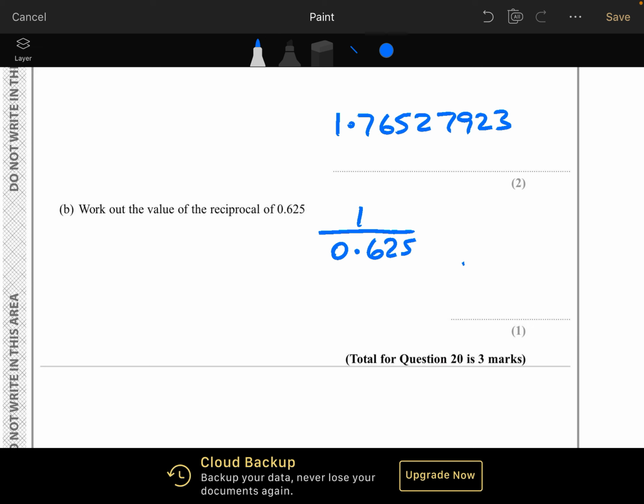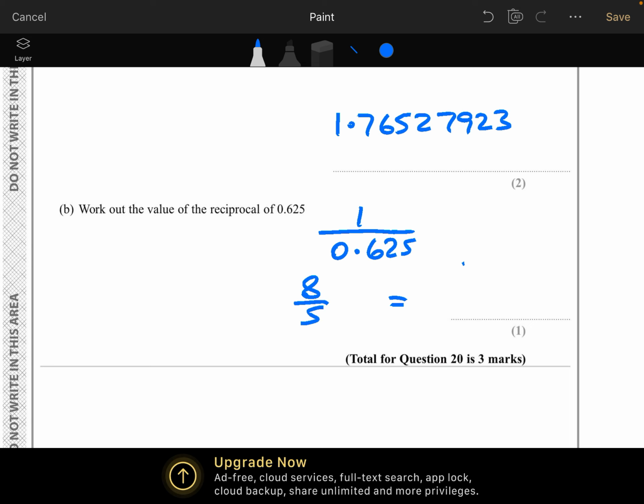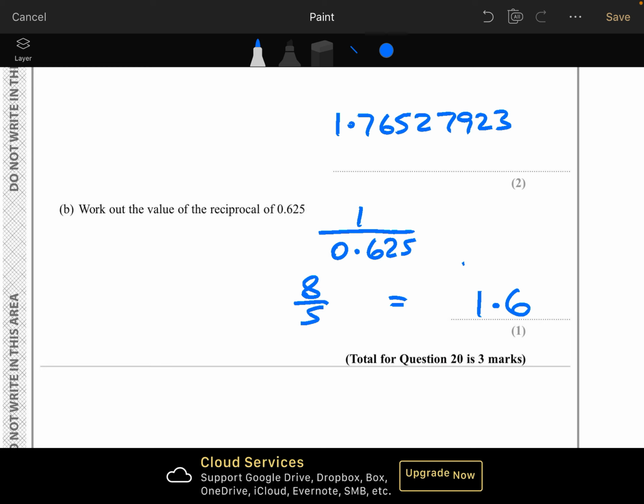It looks exactly the same as what I've written down. Press equals, and it came out with 8 over 5, but I probably want a decimal, so I press the SD button and it comes out as 1.6. Okay, let's save that, move on.